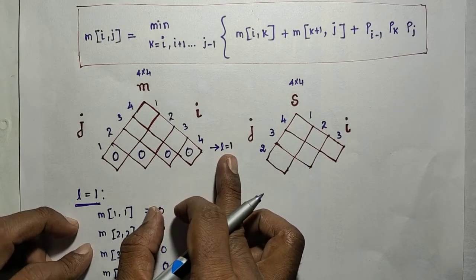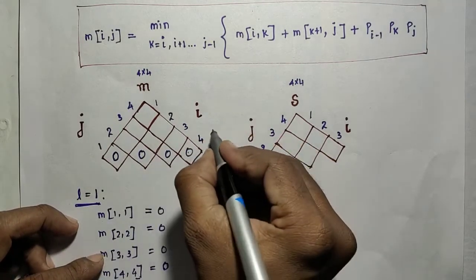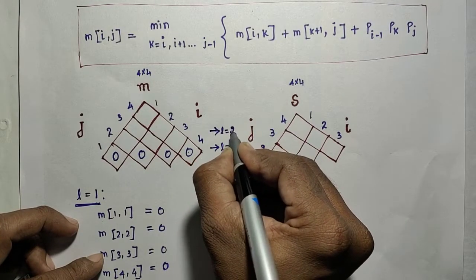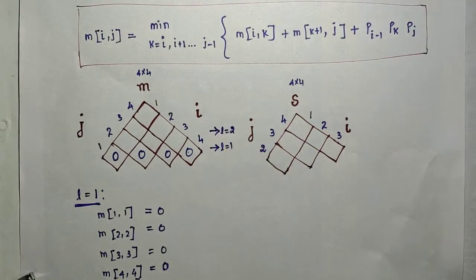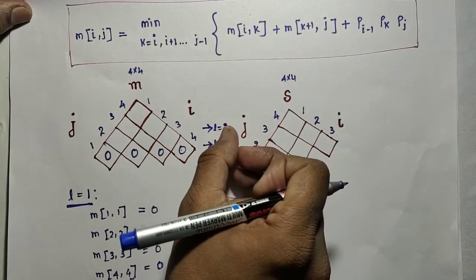Similarly, we need to go for length equal to 2, so L equal to 2. How many combinations do we need to find? Now we need to find the results for L equal to 2.